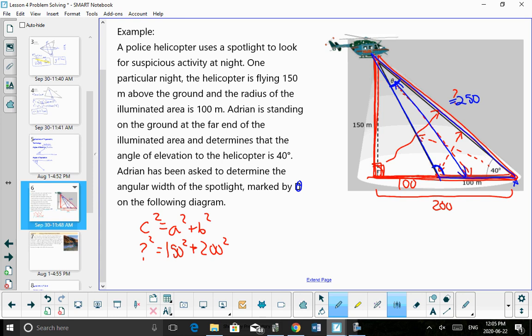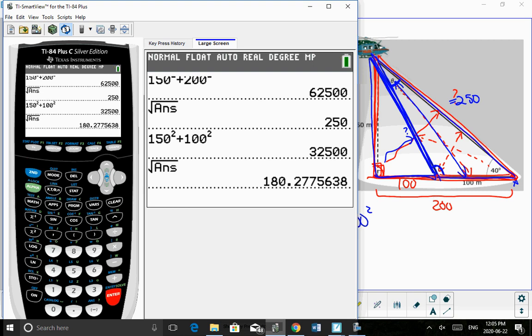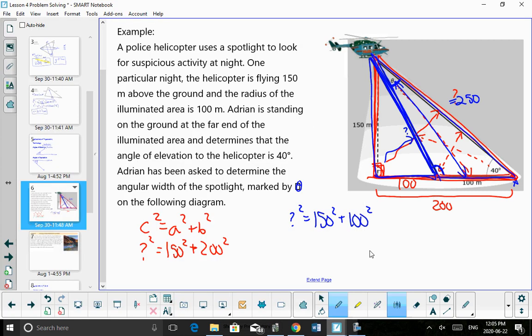I'm going to find the hypotenuse of this triangle right here. So I'm going to find this length right here: 150 squared plus 100 squared, and now I'm going to square root that answer. So I get out 180.27, so I'm going to go 180.3.